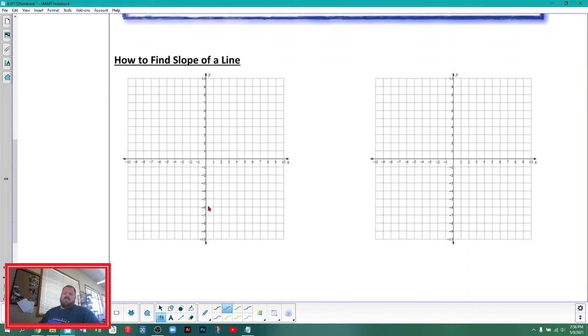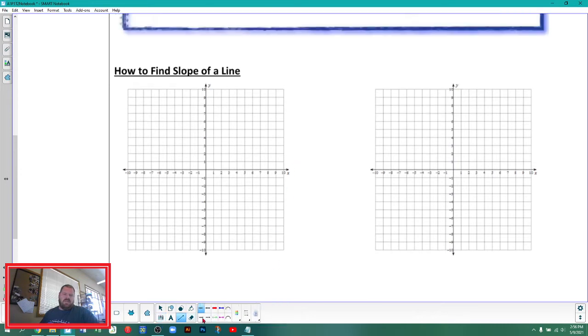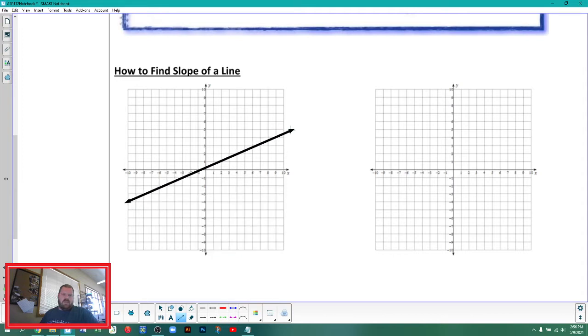So, how to find the slope of a line? Thinking there were supposed to be a couple lines on there, but that's okay. We'll get some out there and call it good. I don't know if those didn't copy in or what. So let's go ahead and look at a line. We're going to take it this way. And yeah, that looks okay.